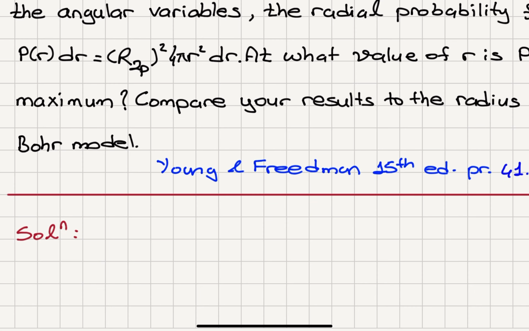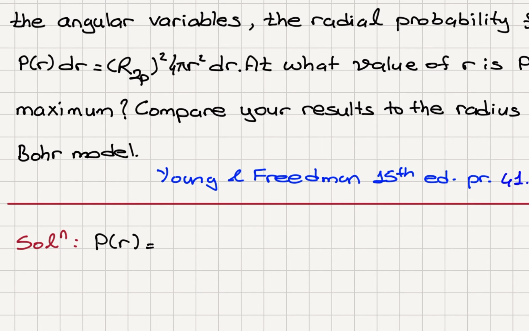Okay, so the probability density function P(r) is R_2p squared divided by 4 pi r squared.